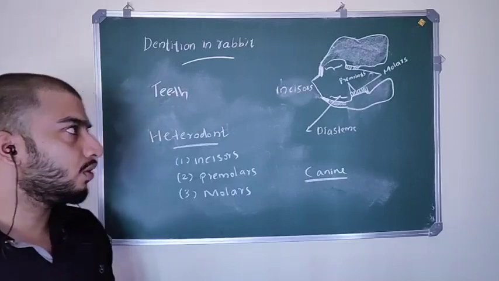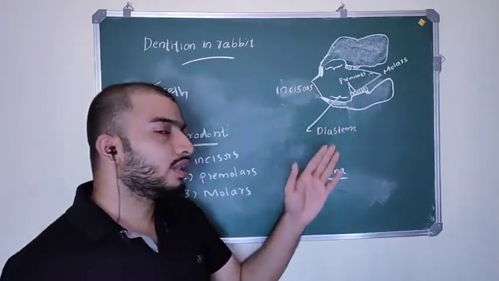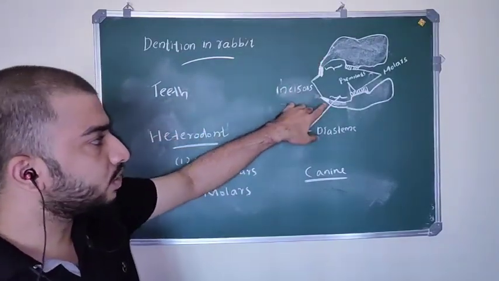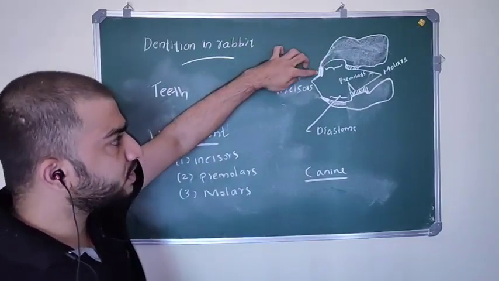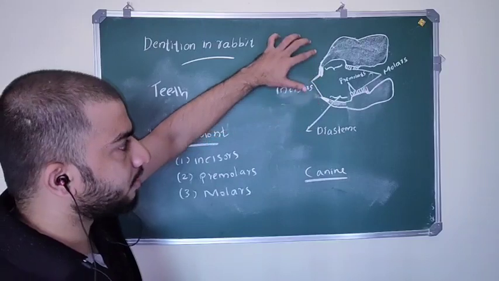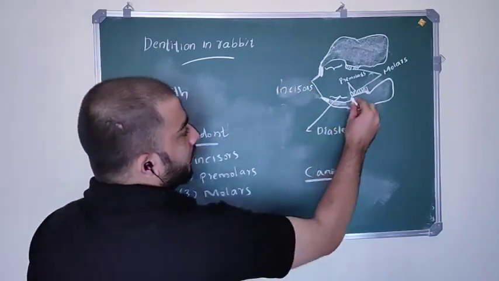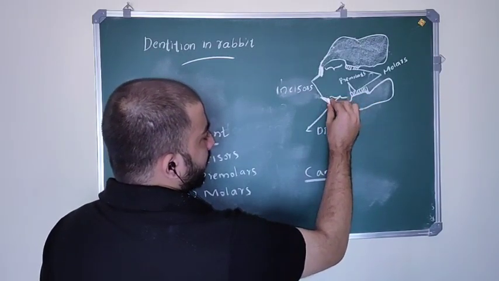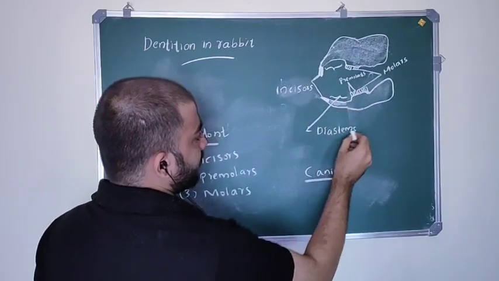Now we just look at these teeth. You can see here, this is one side of the rabbit. This is the upper jaw and this is the lower jaw. In the upper jaw you can see incisors at the front side, on both upper and lower jaw. Then after a space, in between incisors and premolars, this space is called diastema.